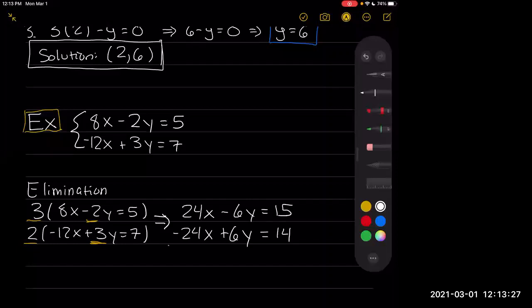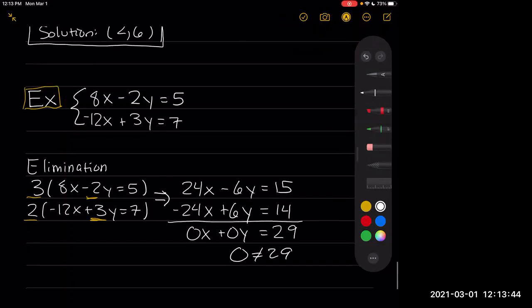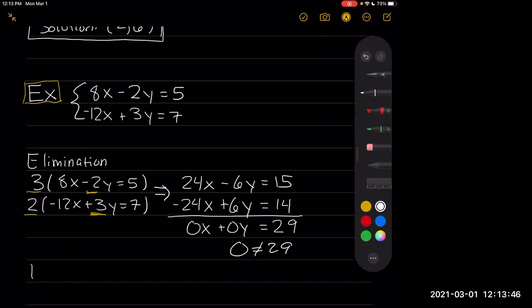Well, you'll see here, if we add these together, we get 0x plus 0y equals 29. Well, this 0 does not equal 29. That's wrong. So therefore, there is no solution.